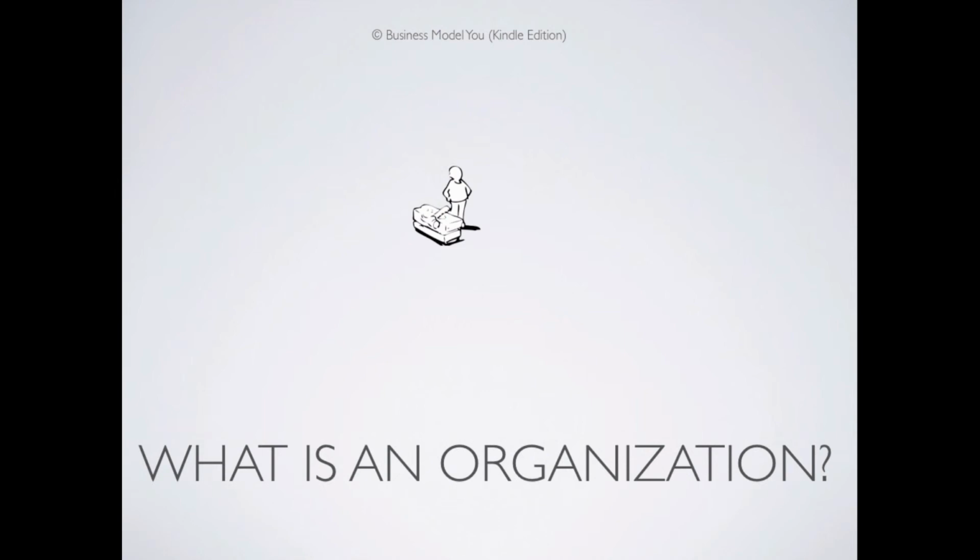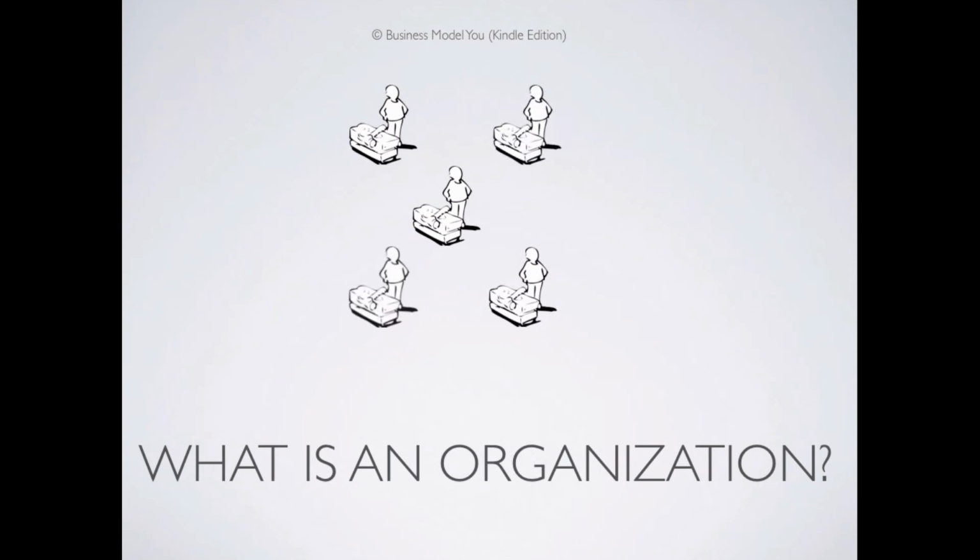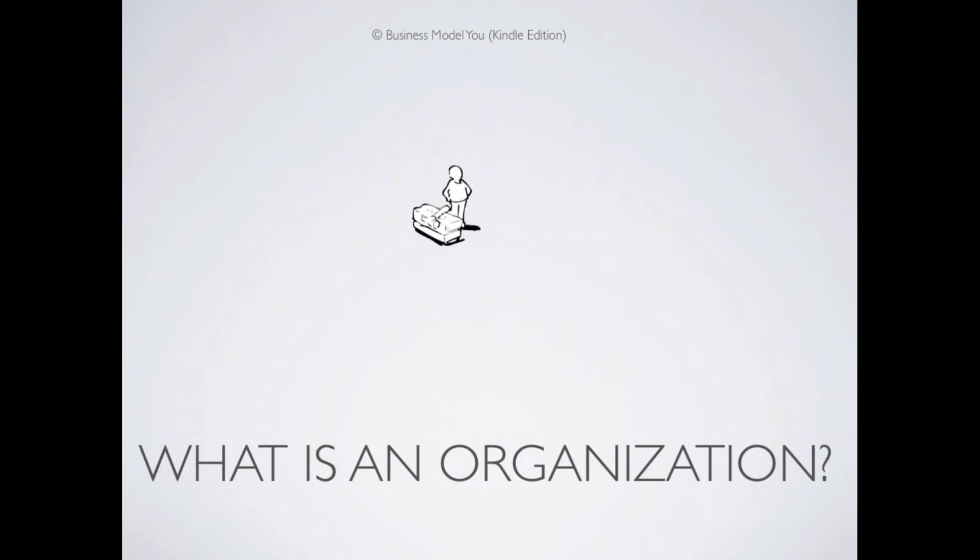An organization is going to be a group of individuals, all who have a common purpose, and so they can collectively be looked at as a single corpus. That's Latin for body. Right? That's what an organization is.